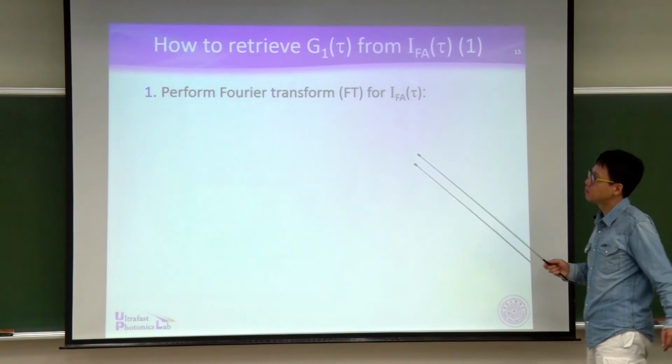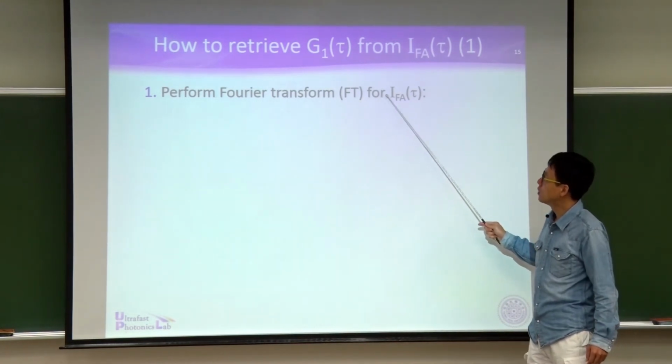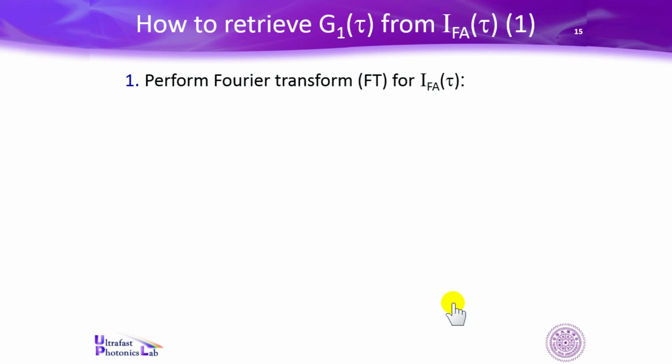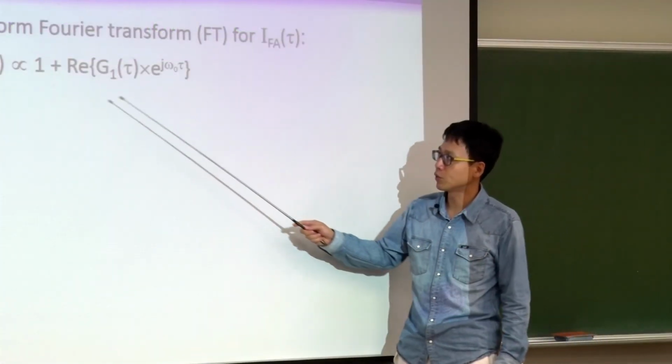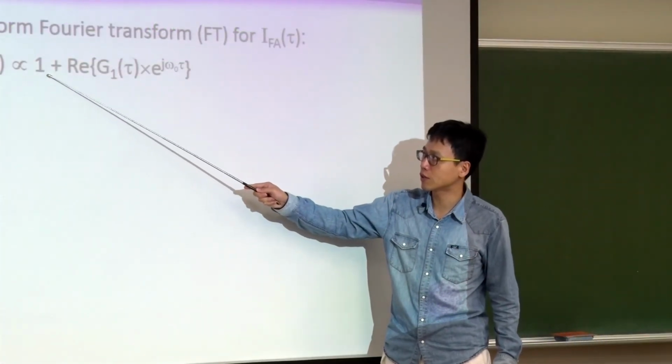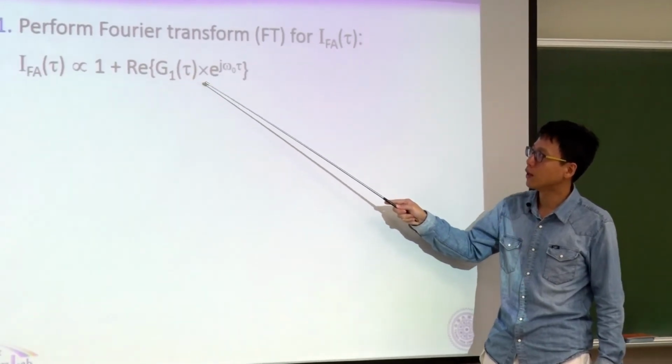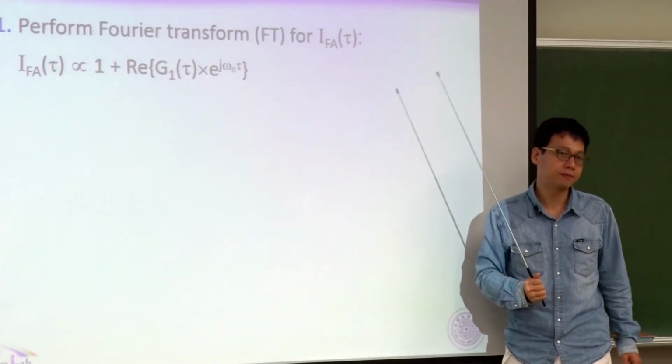Step 1, perform Fourier transform for the data trace. Let's see what the formula of the data trace is. In the previous slides, we have seen it's proportional to constant 1 plus the real part of G1 times the carrier.